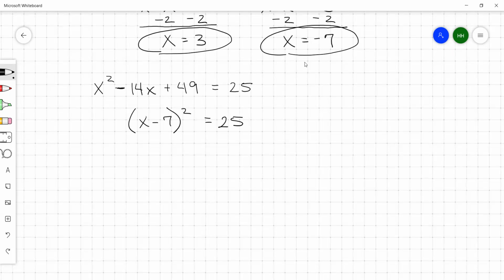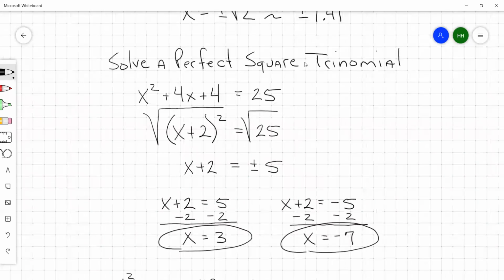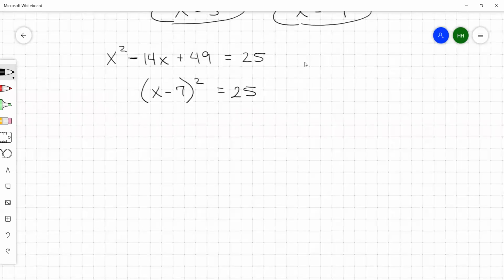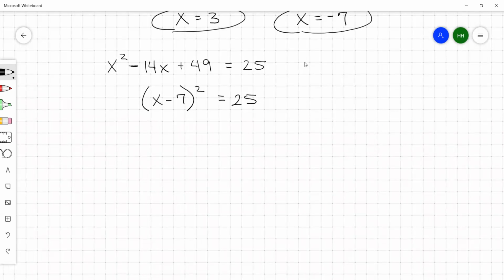In the problem we just did, this second term was positive. So this perfect square trinomial had a factor of x plus 2 squared. When the middle term is negative, the factor is going to have an x minus in the parentheses.